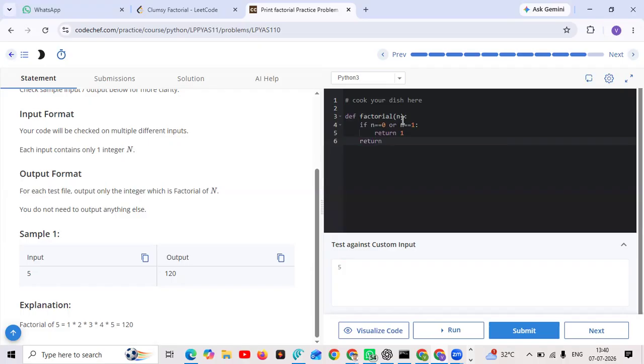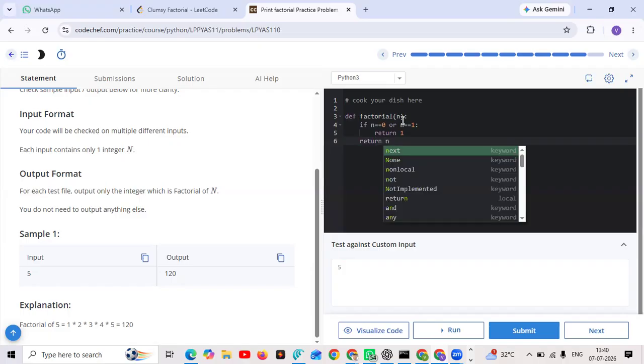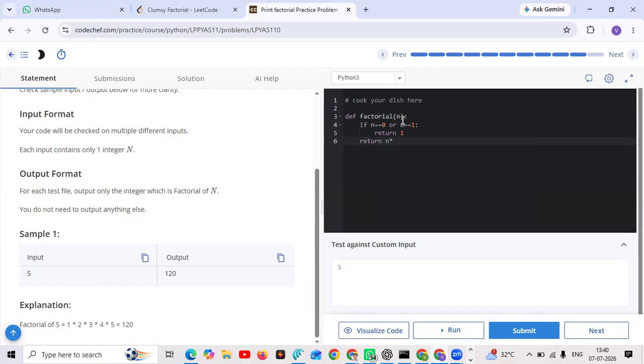Then return n into factorial. Why am I using the word factorial? It is a function. If you're using recursion, you have to use a function calling itself. Let us run this code first.